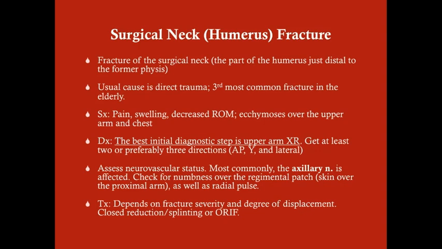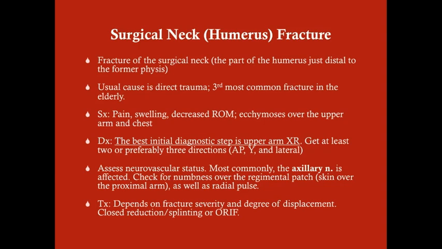You're going to want to assess the neurovascular status here, and that's going to be true for all of these fractures. Most commonly here, and this is where it's important to remember the anatomy, with the surgical neck fracture, what is the nerve that's up there at the top of the shoulder? It's going to be the axillary nerve. So when the axillary nerve is affected, we have to remember what the axillary nerve does.